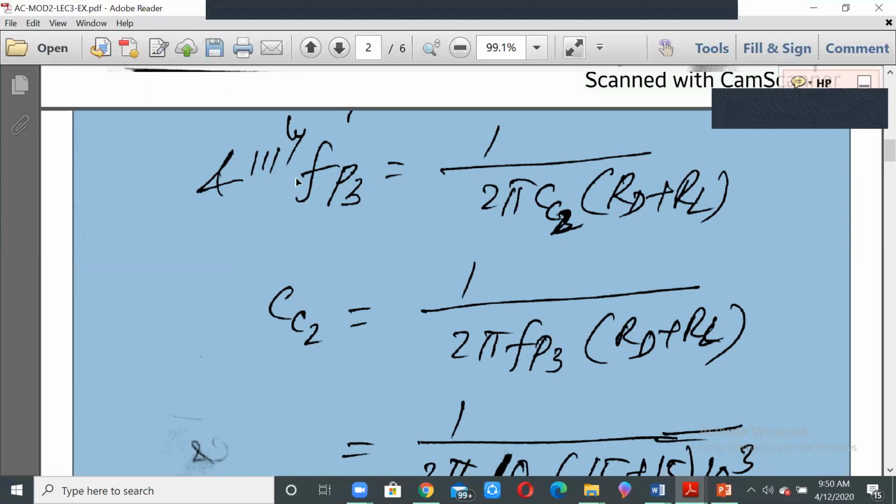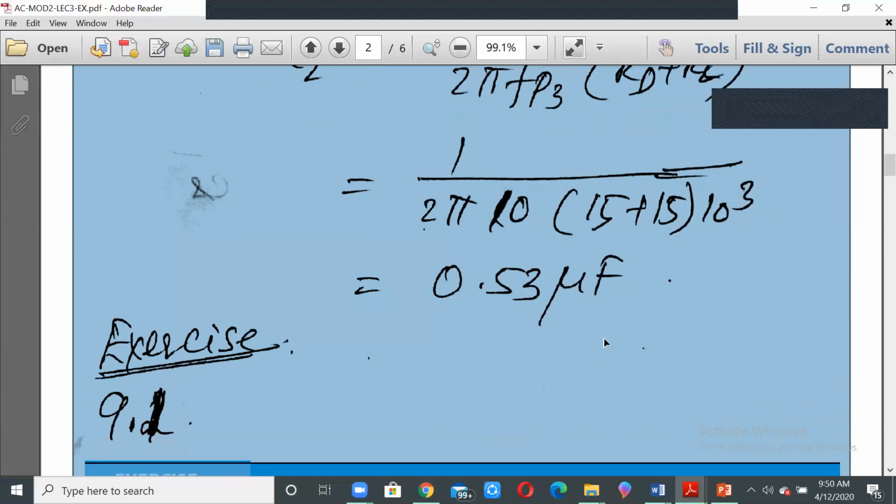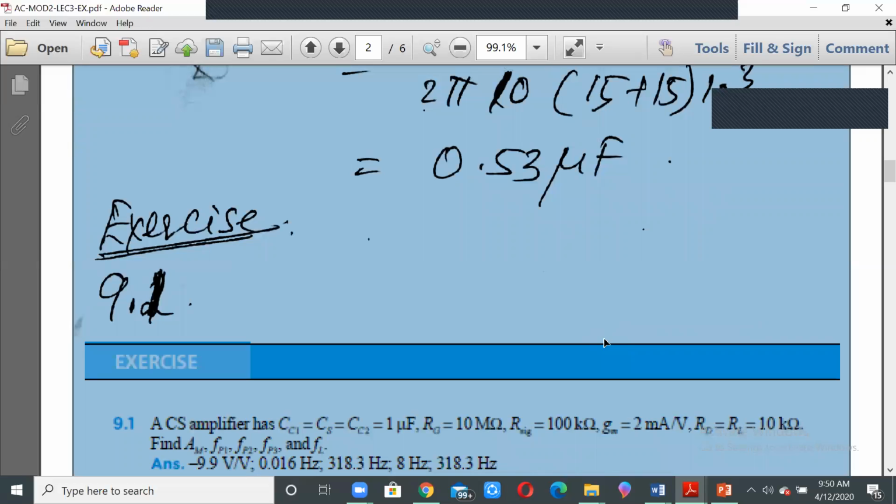So CC2 I can take to this side, fP3 again to this side, then I'll get the formula for CC2 like this. And you just need to substitute fP3 as 10, RD is 15, and RL is 15, with 10 to the power 3 because these are in kilo ohms. So at the end we'll get 0.53 microfarad. So that is the example 9.1.